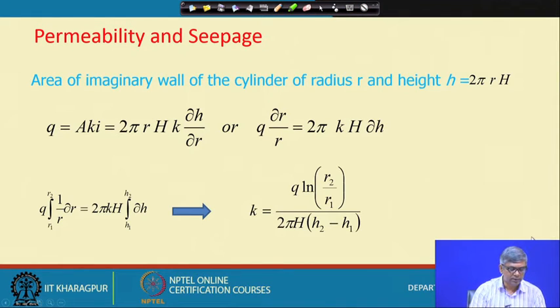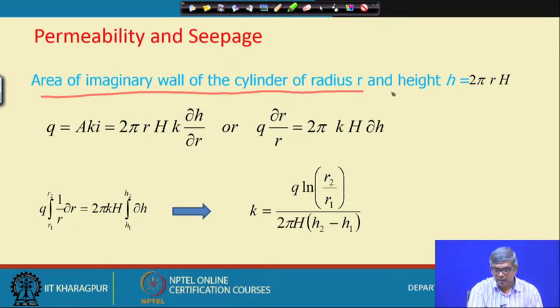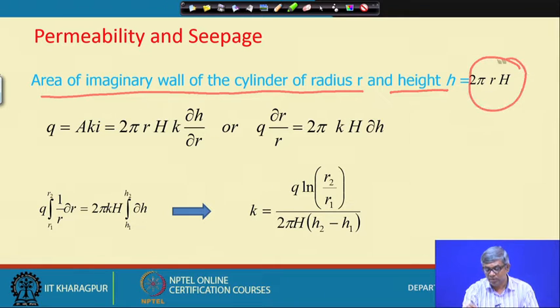You can see here that this is the thing I have said: the area of the imaginary wall of a cylinder of radius r and height h. Whatever height I make, the actual area of flow is better written as H A, because I make a cylinder, but water is entering through only this much height.